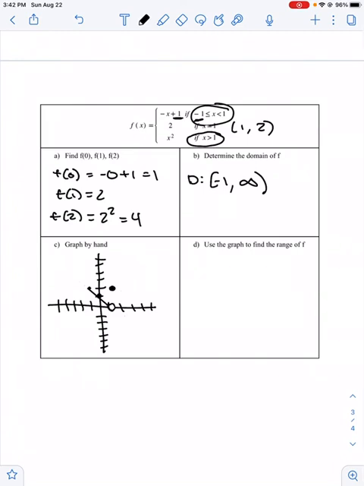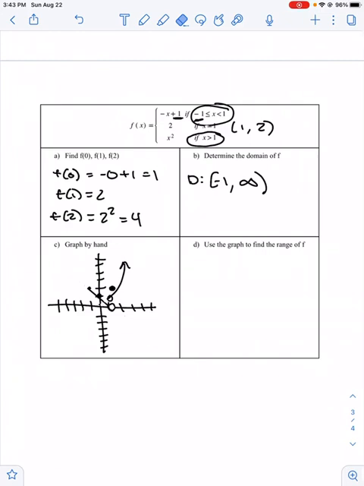And, oops, so that's about here, 2, 4. So about something like this. And we know that that one's when x is greater than 1. And so that's an open hole circle. And everything that I drew before that, I'm going to go ahead and erase.